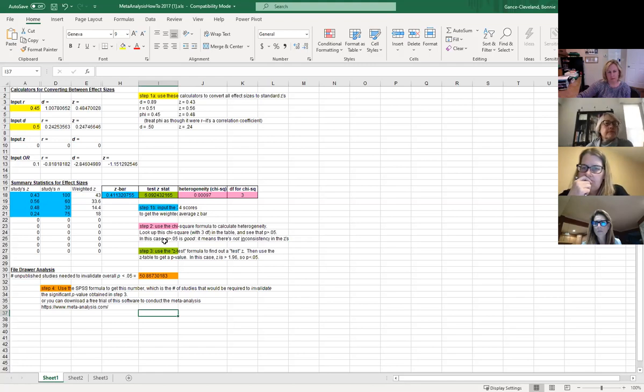In this case, P is greater than 0.05, and that's good because it means there's not inconsistency in the Z's. So Bonnie, can you explain how P is greater than 0.05 in this case? Because you're looking at your critical values.